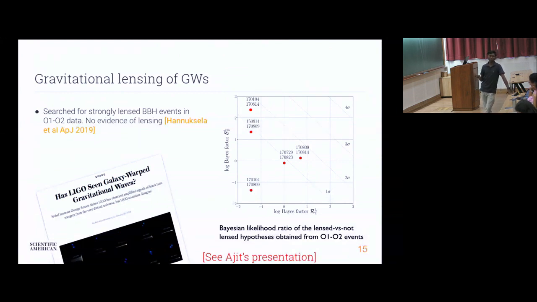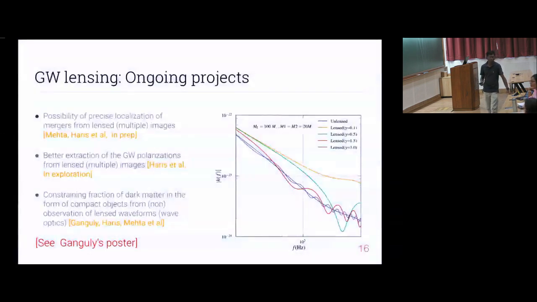So we didn't see much significance for any of the pairs we observed in the O1, O2 data, so the significance of being lensed is very small. This paper is already published, and an article based on these results came out in Scientific American. You can see Ajit's presentation for more details on this project.